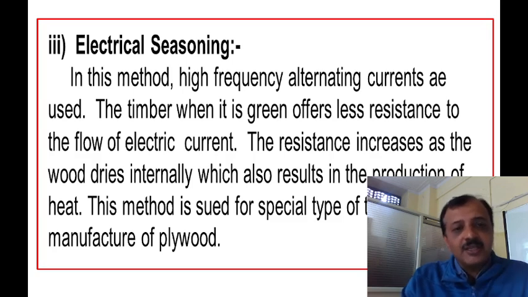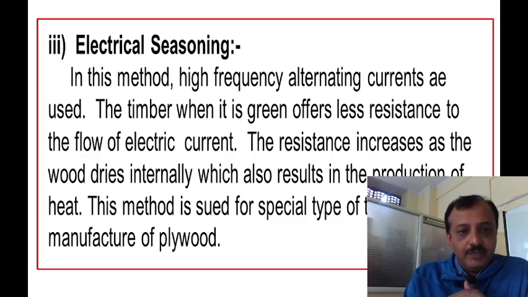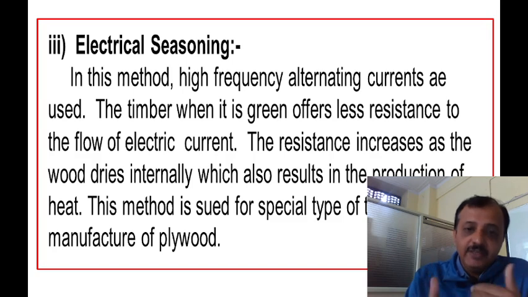Next is electrical seasoning. In this method, high frequency alternating currents are used. The timber, when it is green or freshly cut, resists the flow of current. As the current passes through the timber, the resistance increases as the wood dries internally, and this also results in the production of heat.